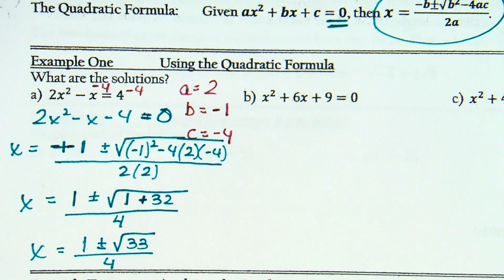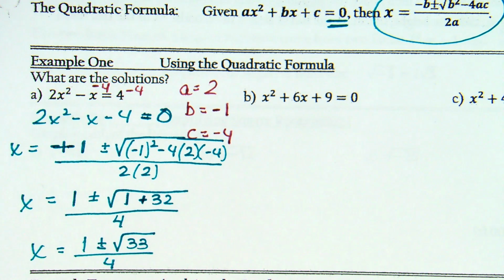Now, options include, on occasion they'll ask you to give decimals. Could you plug this into a calculator and get decimals? Square root of 33, add 1, divide by 4, and do the same thing, but with a minus sign in there. But I'm usually going to be okay with this. How many answers do I have showing here? 2?